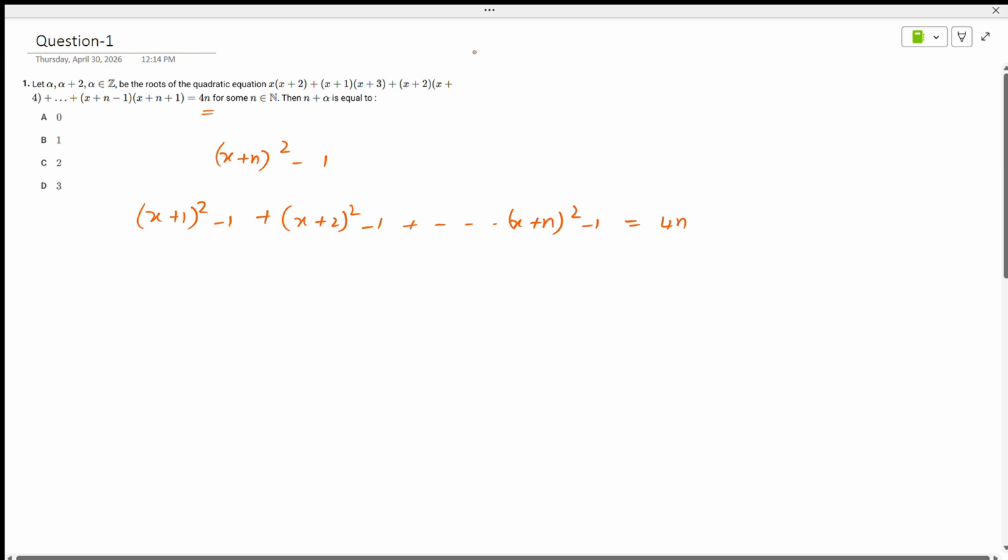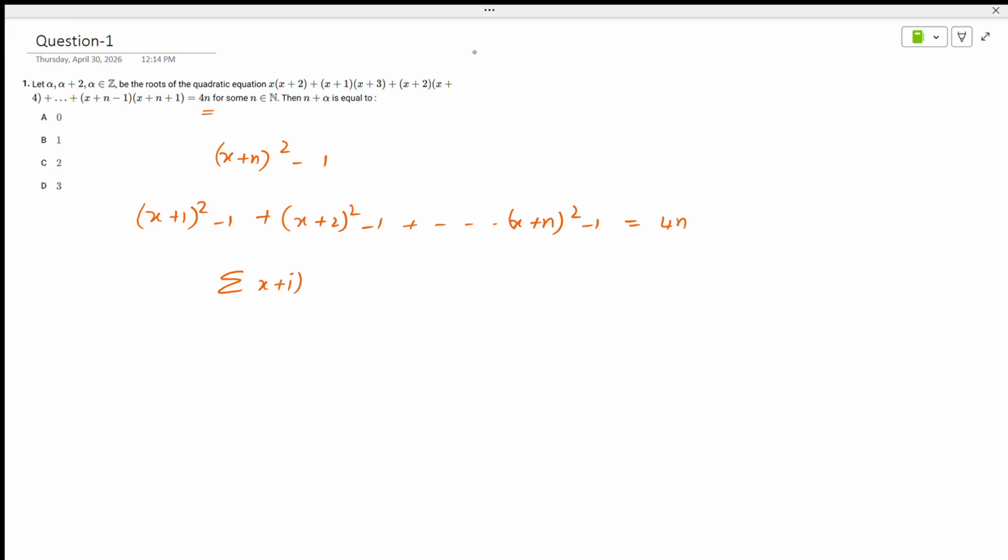So this can be written as summation (x plus i) whole square minus n equal to 4n, and summation of (x plus i) whole square is x square plus i square plus 2xi. This is equal to 5n, and summation x square plus 2x summation of i plus summation i square equal to 5n.